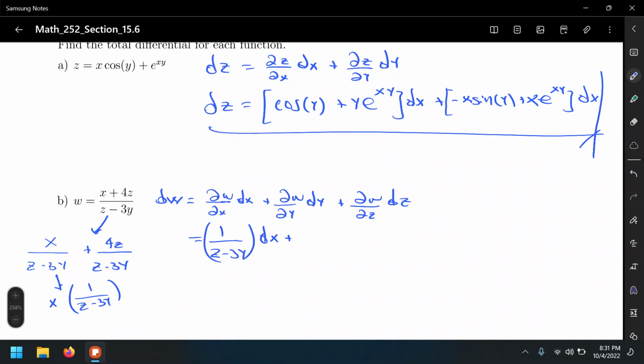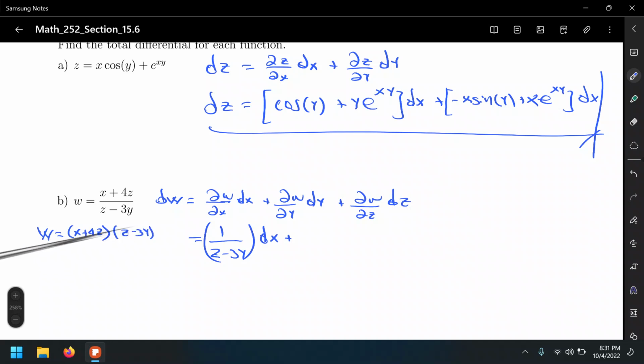What about the derivative with respect to y? In this case, it seems like we need to rewrite this function the following way: w equals x plus 4z times z minus 3y, but that to the negative 1. So we will have to use a mini chain rule here.